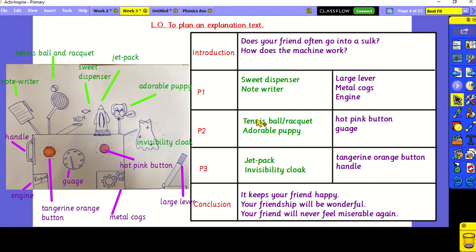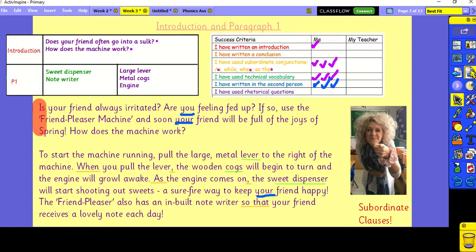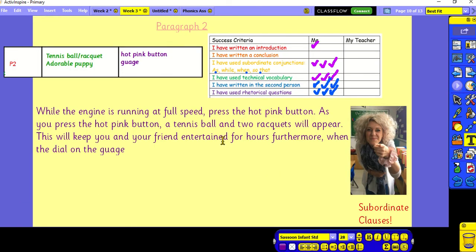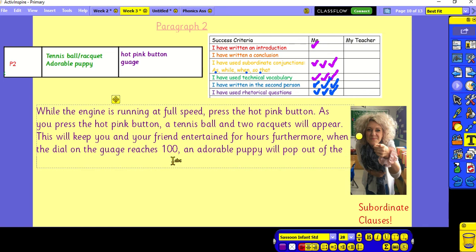It's a bit like a hand on a clock. When the dial on the gauge reaches 100, comma, an adorable puppy will pop out of the machine.